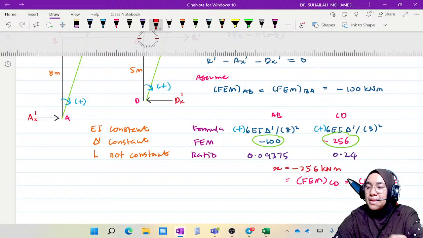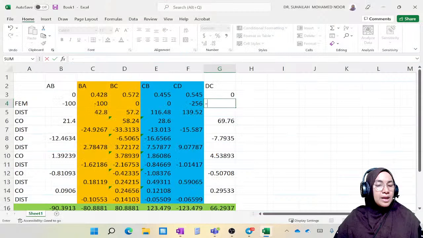So we move to the table. I want to change the value. It is negative 100 and negative 100, this is 0, this is 0, and we get negative 256 and negative 256.